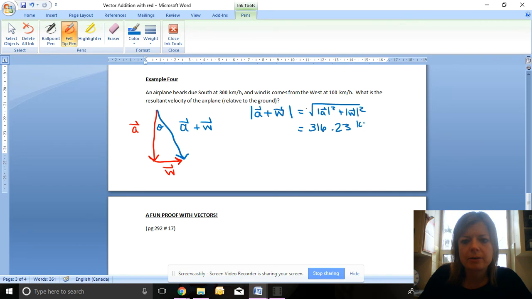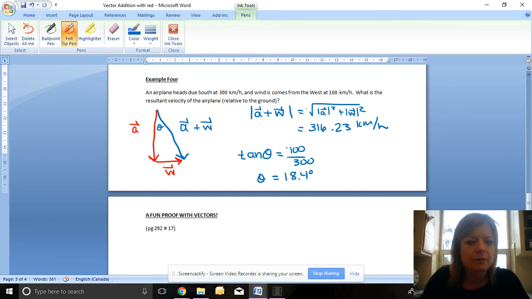So this gives us 316.23 kilometers per hour. So it makes sense that it's faster than the plane is going because it's getting some extra speed from the wind. Okay, so now we can use tan theta, which is opposite, so 100 over adjacent, which is 300, to get that theta is equal to 18.4 degrees.